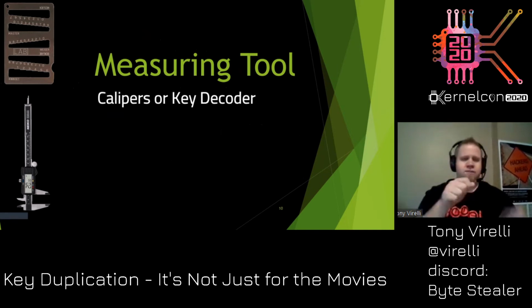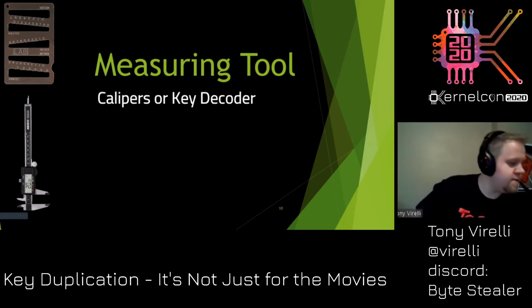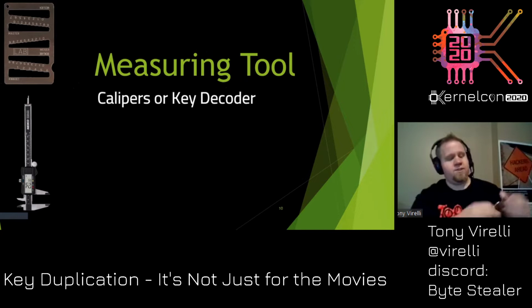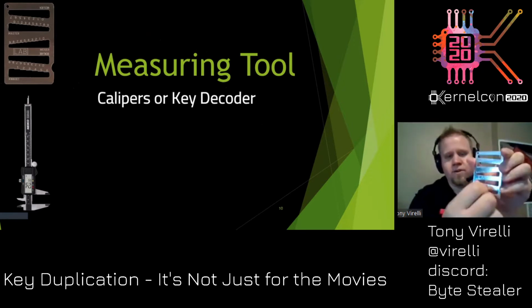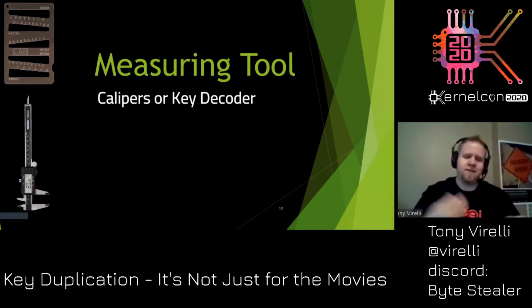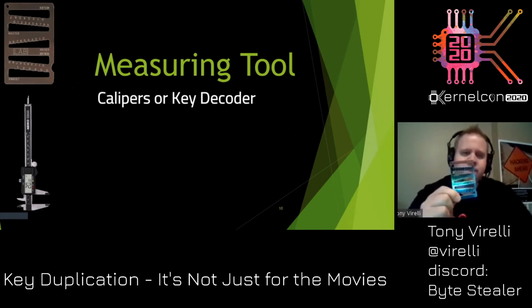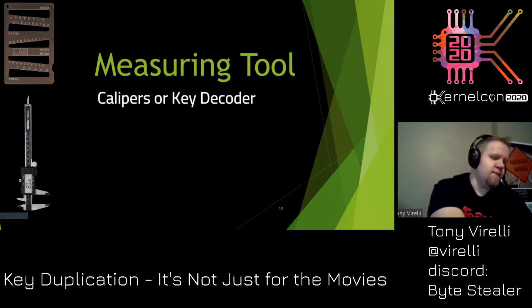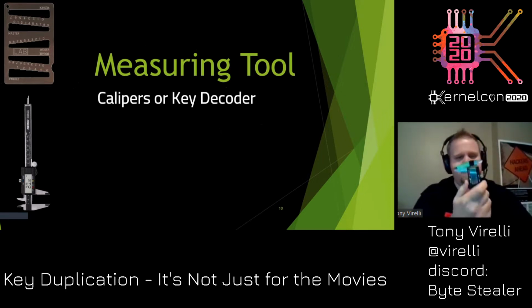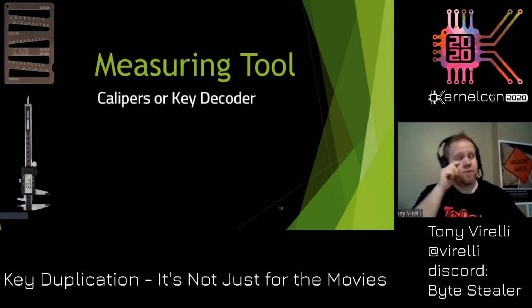All this does is let you take a key and slide it in like this, and it stops and tells you what number you're at. It's just an easy way to measure keys quickly. Otherwise, a pair of calipers works perfectly. Calipers give you more detail, but the key decoder is way faster.